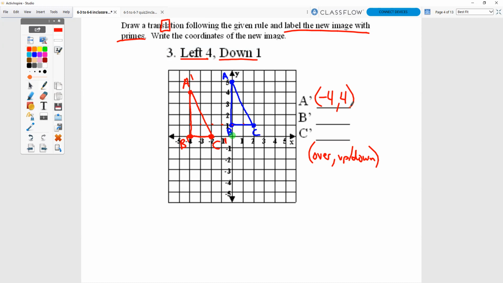B prime: over to -4, and then we're not going up or down at all, so it's -4, 0. And then C prime: over to -2, up 0. So we drew our new picture, we labeled it with primes, and we wrote down the coordinates.